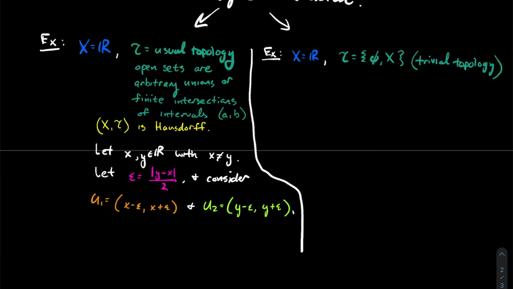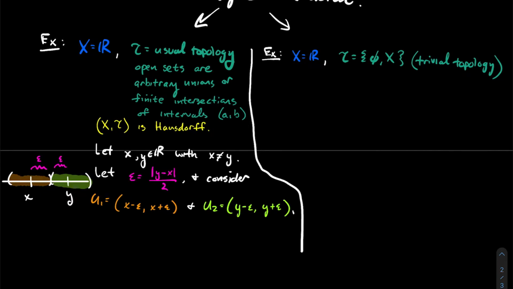And similarly, go that many units epsilon to the left of y and that many units to the right of y. I've got a picture there of what these two intervals would look like. And the point is that they don't overlap anywhere. So these two intervals separate x and y. Since x and y were arbitrary, we could do that for any two real numbers on the real line. Therefore, (X, T) is Hausdorff in that situation.